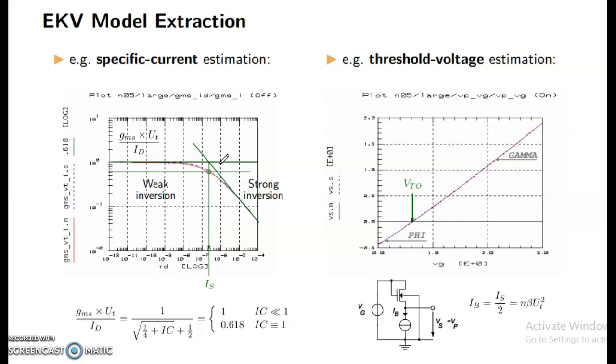EKV model extraction, for example specific current estimation, threshold voltage estimation. Here, strong inversion. This is weak inversion. Here weak inversion, here strong inversion. This is GMS UT by ID.